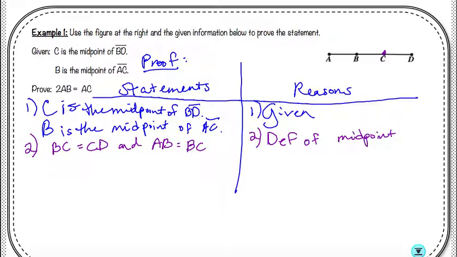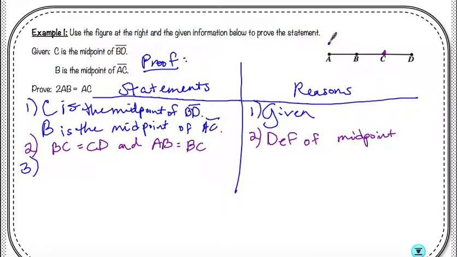Okay. The next step, so what we did was we used the given statement to come up with something else. The next step is going to come out of nowhere. We are going to use the segment addition postulate. So now that I've run out of things to do with the given statement, I've already translated that into equations. Now I'm going to come up with two more equations based on the segment addition postulate, and this is the way it's going to go.